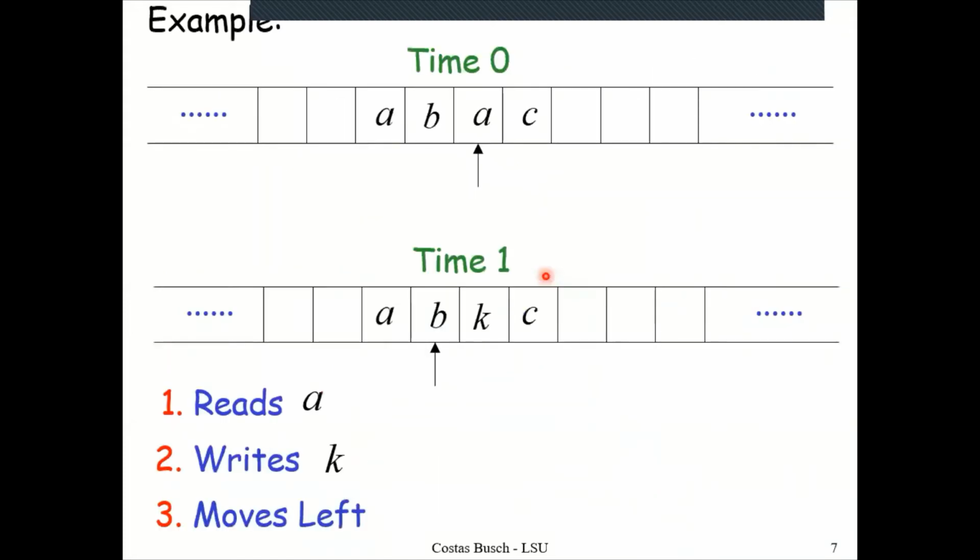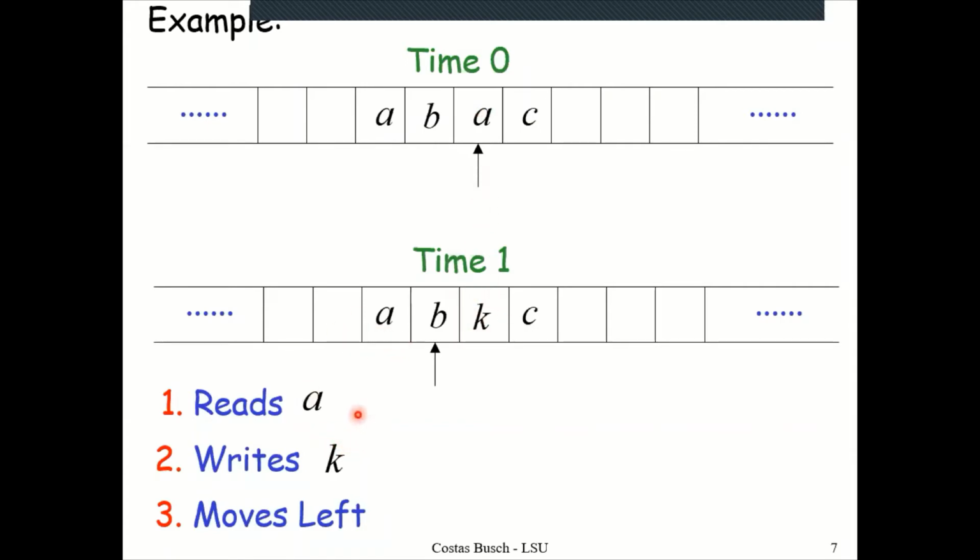So here is one example. Suppose the contents of the input tape are A, B, A, C, and the read write head is at the symbol A, which happens to be the third cell of the input string. And if the movement is this one, that the read write head reads an A, replaces it with the symbol K and moves one cell to the left.